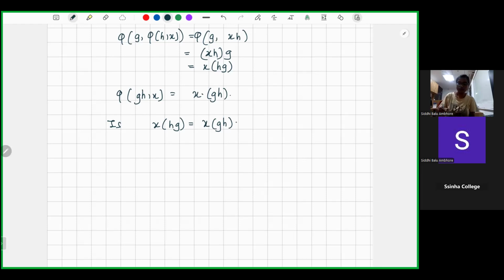Okay, so always understand this. So is this always true? So answer is no. This need not be true if G is not abelian.